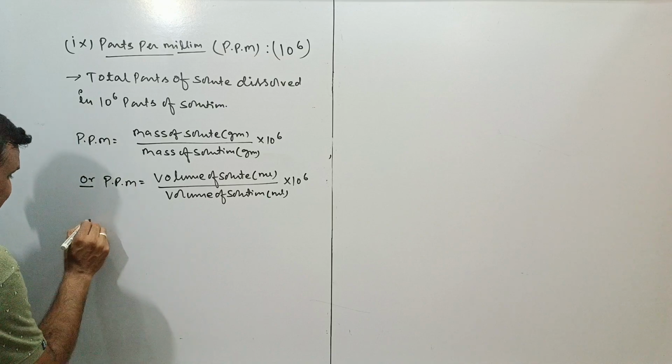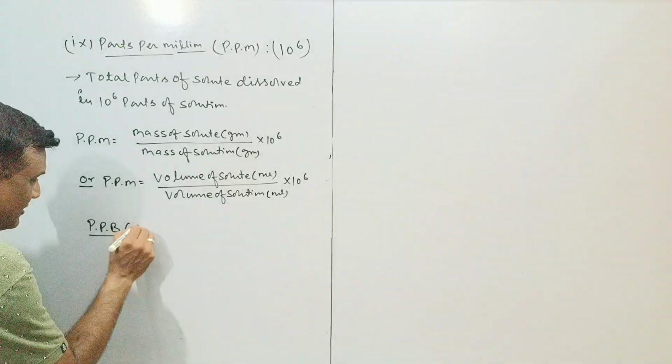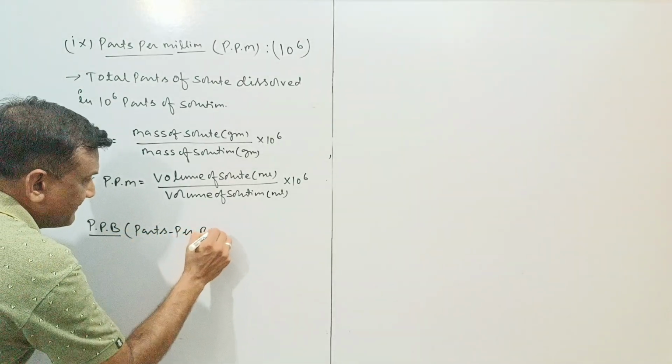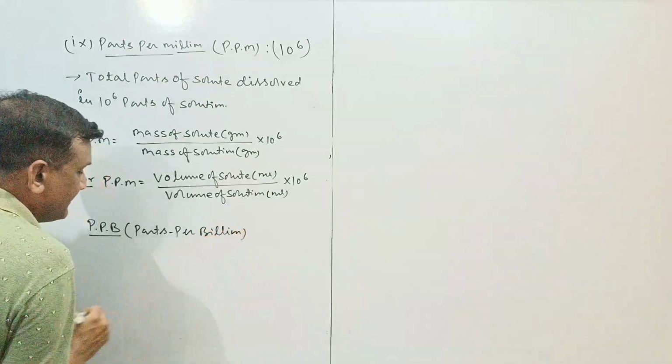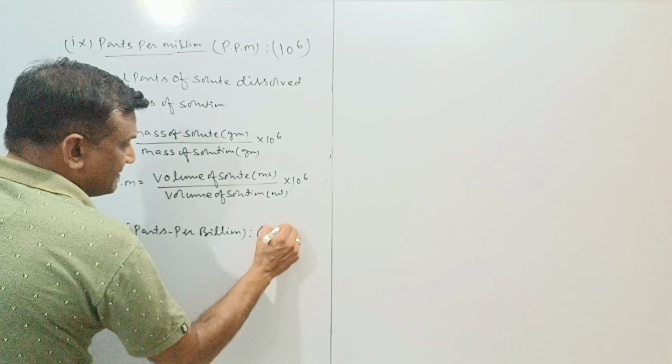We can take another concentration unit, that is ppb. It is also called parts per billion. ppb means 10 to the power 9.